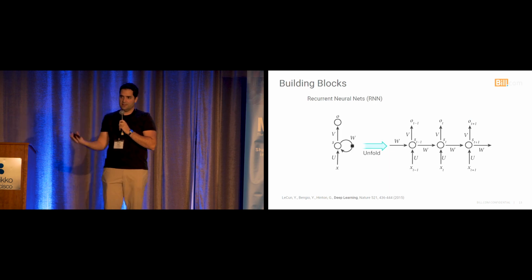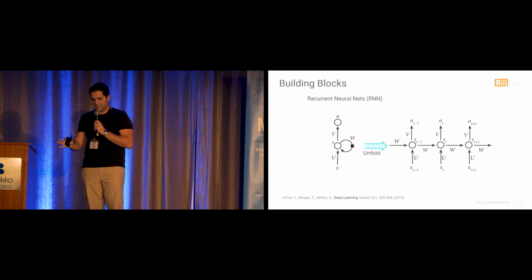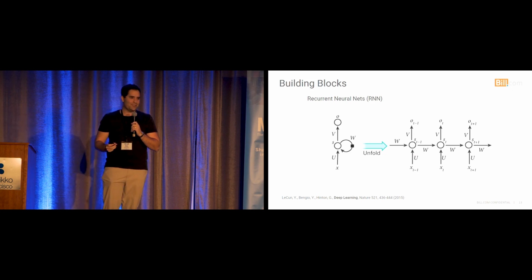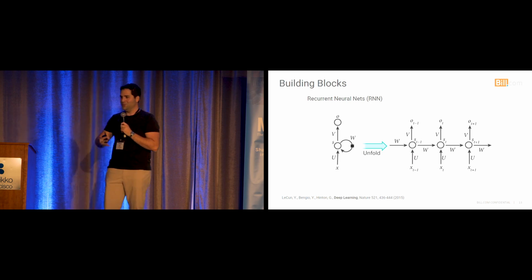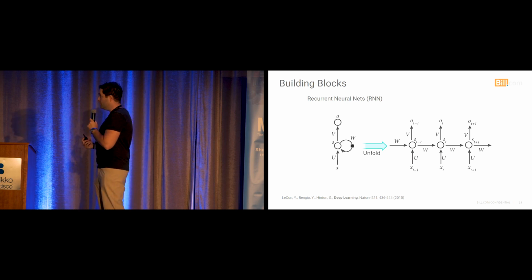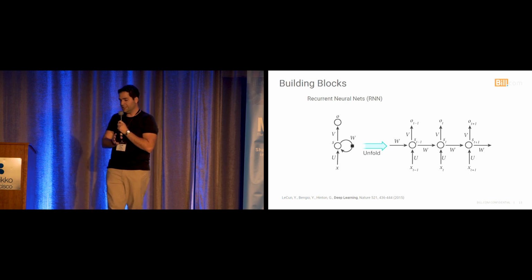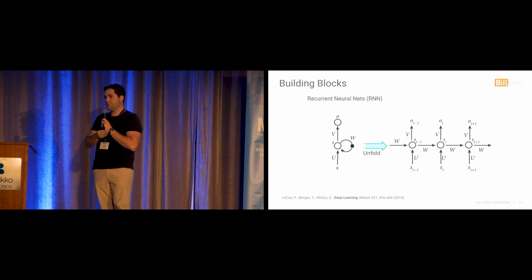Okay, the next building block is recurrent nets. Now this is a little outdated, but we still use them. They're still powerful, especially when we don't have huge amounts of data, or we're not having to train super large models. In this case, you have time dependence information that can flow through at different time steps.